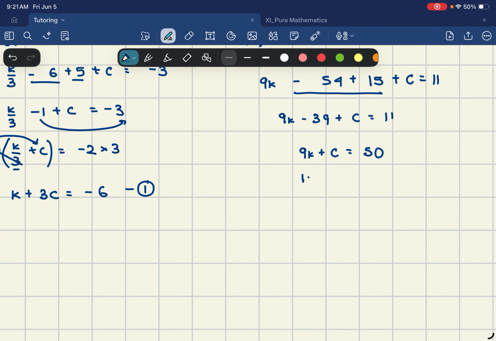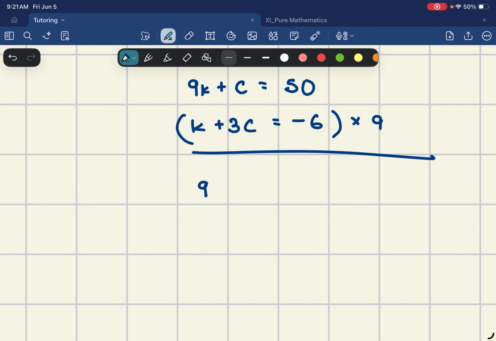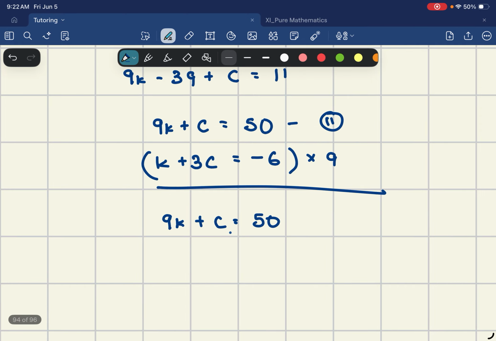And I know that k plus 3c is equal to negative 6. You can choose whichever method you like to solve these two equations, but I am going to multiply my first equation by 9. So the other equation, which was equation 2, is 9k plus c is 50.